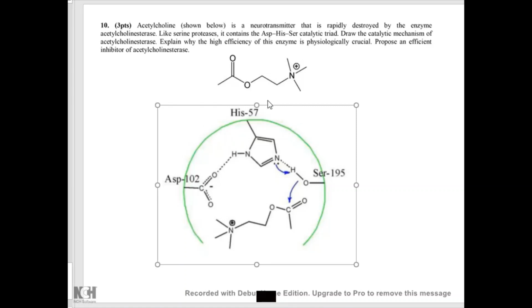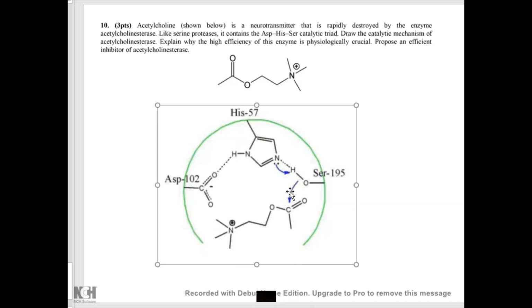Now, how do we draw the catalytic mechanism of acetylcholine esterase? We know that, like serine proteases, this enzyme contains an aspartic acid, histidine, serine catalytic triad. We just draw this catalytic triad, serine, histidine, aspartic acid, and place acetylcholine next to it.